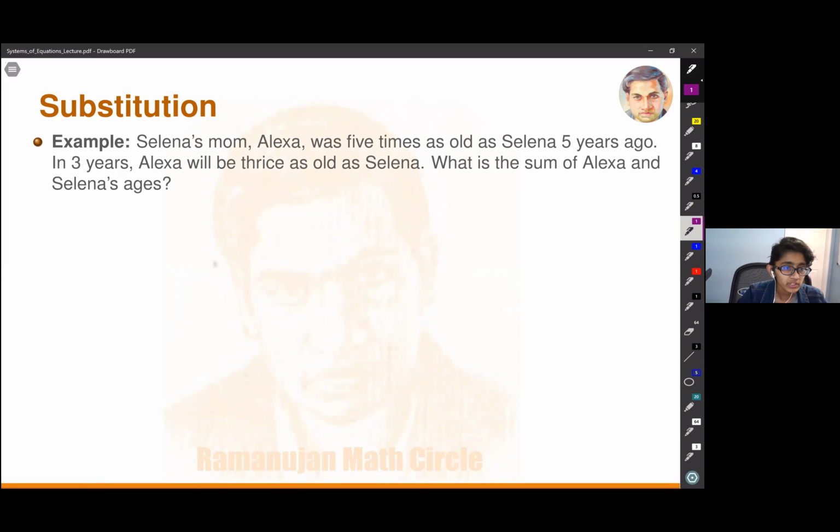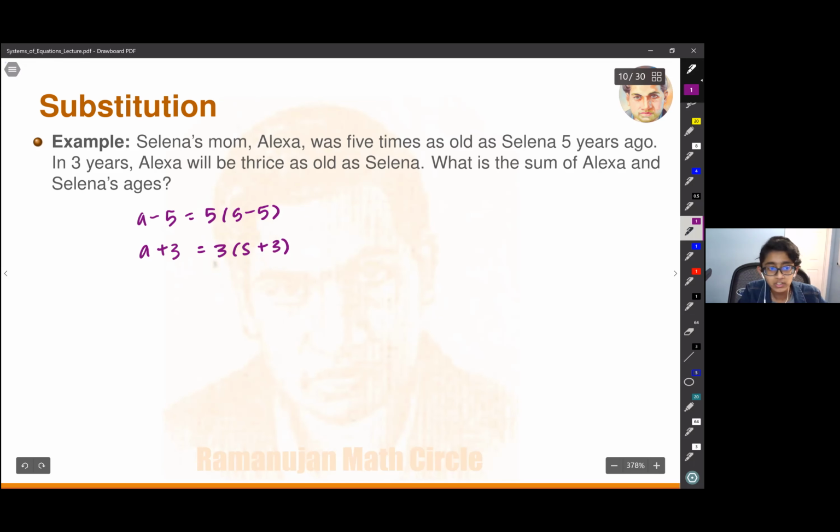So what we're going to do right now is copy down the same 2 equations that we got again. So it was A minus 5 is equal to 5 times S minus 5. And it was A plus 3 is equal to 3 times S plus 3.